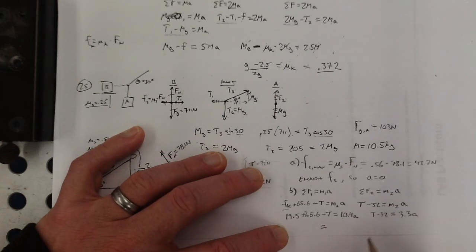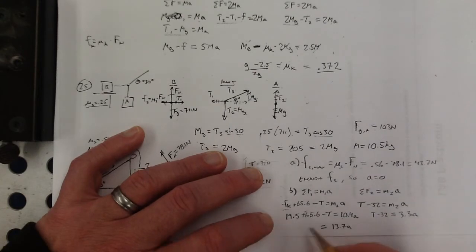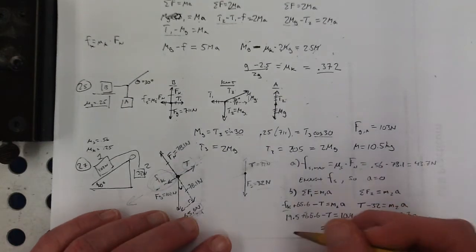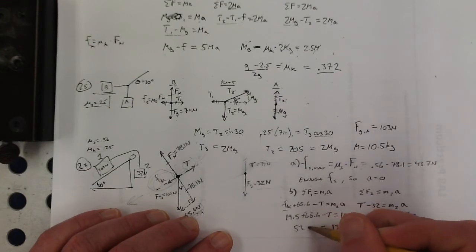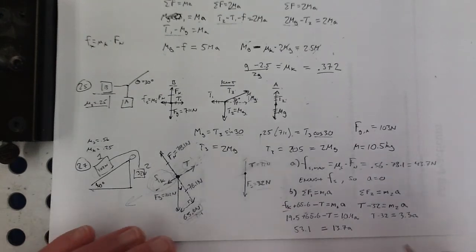So adding these two together, looks like I get 13.7 A, and then 19.5 plus 65.6 minus 32. And divide that by 13.7.